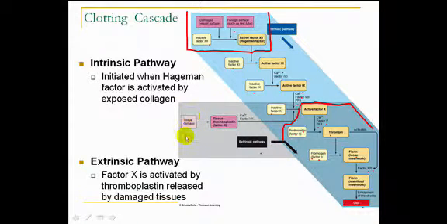So when you have significant tissue damage, the damaged tissue will release what we call thromboplastin, and it's called the extrinsic pathway. Now, thromboplastin can diffuse into the blood and trigger the pathway from factor 10 on. So from factor 10, there's overlap. So you can see how on this diagram it's showing that you then have overlap of this last part.